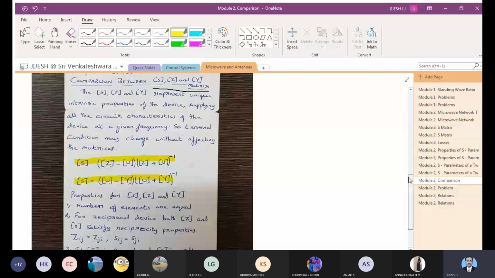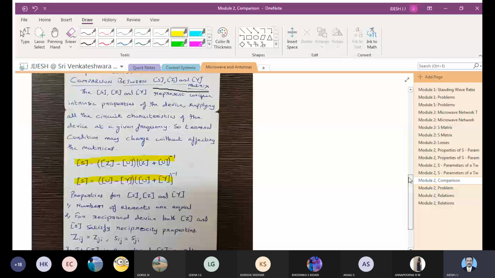For matrix S you have S11, S12, S21, and S22, or for Z, Z11, Z12, Z21, and Z22, as well as for Y. So the number of elements are equal for all three. They will remain equal for a two-port network; if it is a three-port network, it will be 3 cross 3.